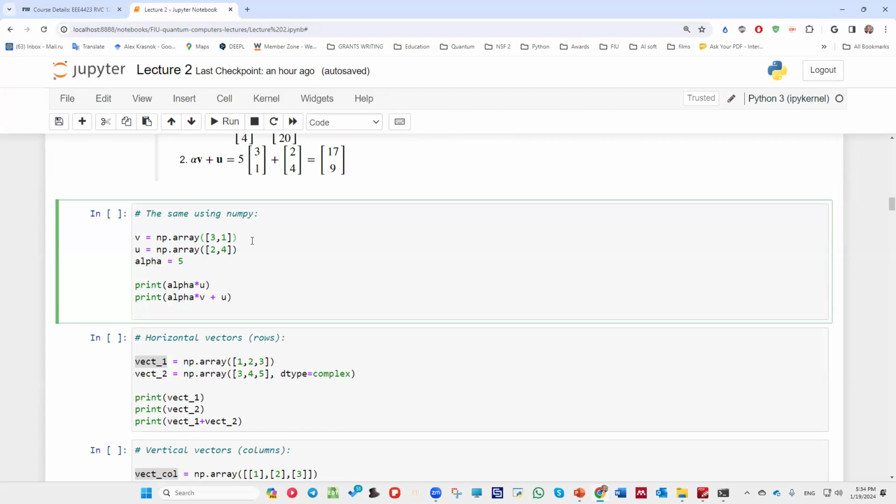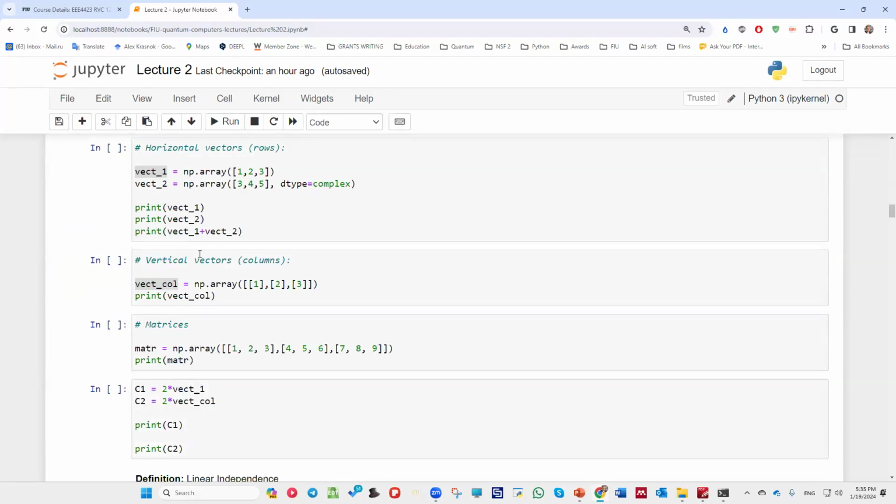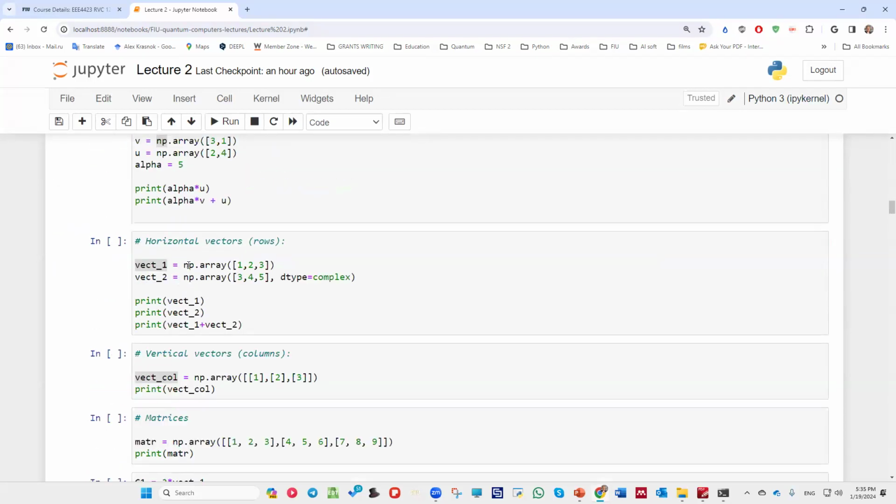The same can be done using Python and in particular NumPy, right? So for example, in this piece of code, I create a vector v. This is the way I create any vector using NumPy. If I name NumPy as np, I use this np when I call a function from this library.